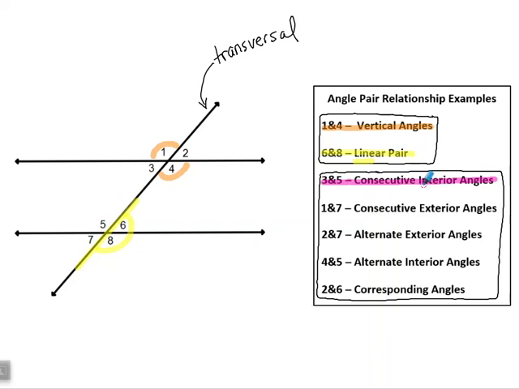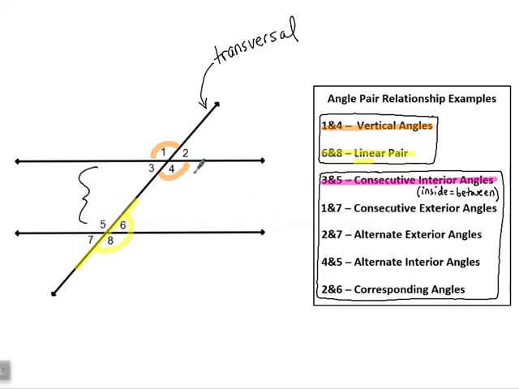So you'll notice we have some angles that are called interior and some angles that are called exterior. When we see the word interior, we want to think of inside or between. So these 2 lines that look like they're going in possibly the same direction, between these 2 lines is the interior space.